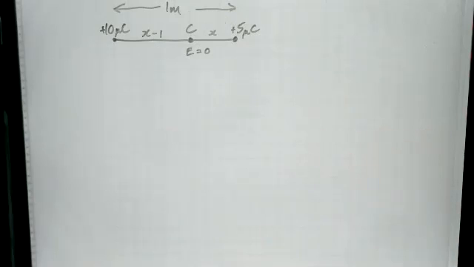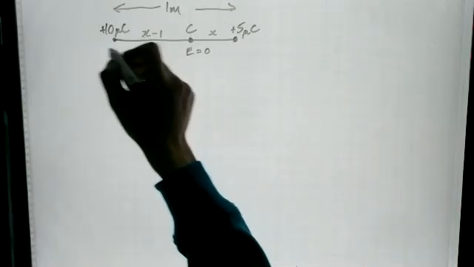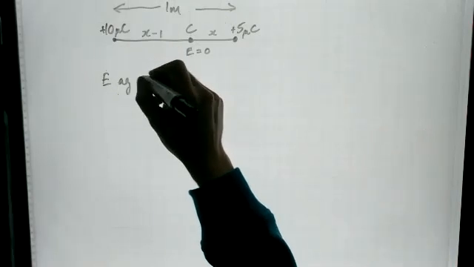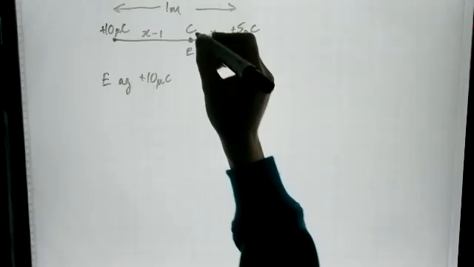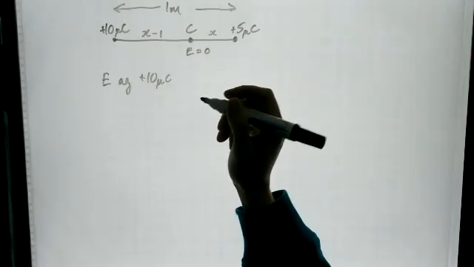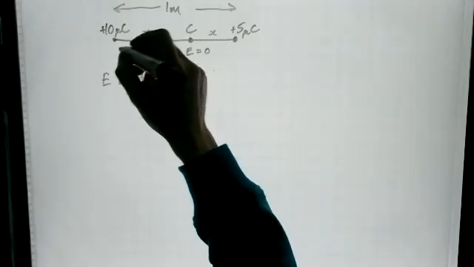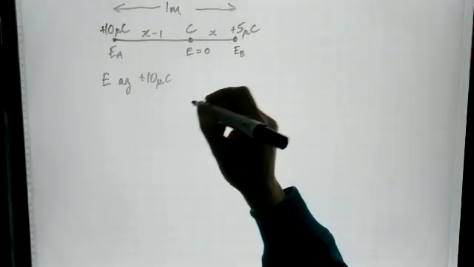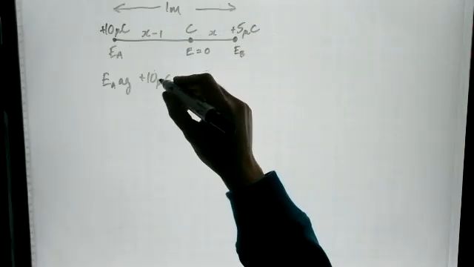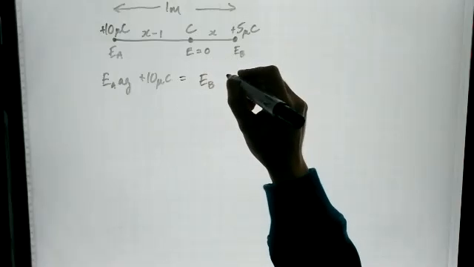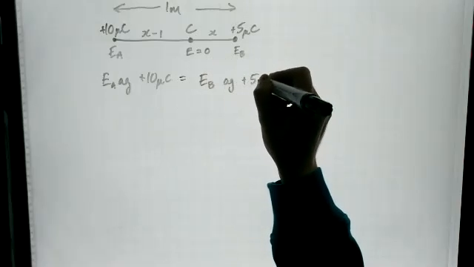Okay. So the electric field strength due to the plus 10 microcoulomb charge is EA, and due to the plus 5 microcoulomb charge is EB.